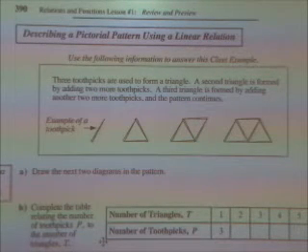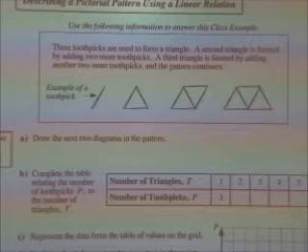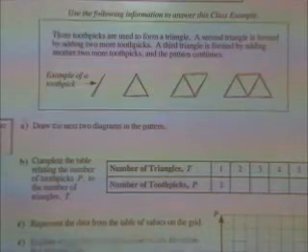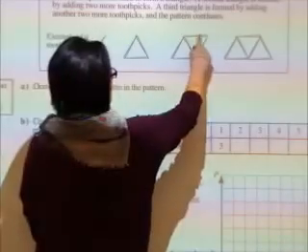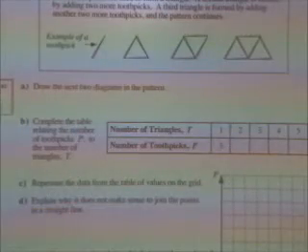So what we're going to look at first is we're going to use a pictorial pattern to describe a linear relation. So 3 toothpicks are used to form a triangle. A second triangle can be formed if I add 2 more toothpicks right here. And if I add 2 more toothpicks, I now get 3 triangles.